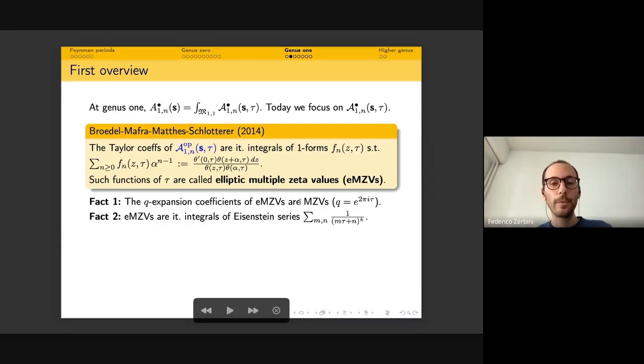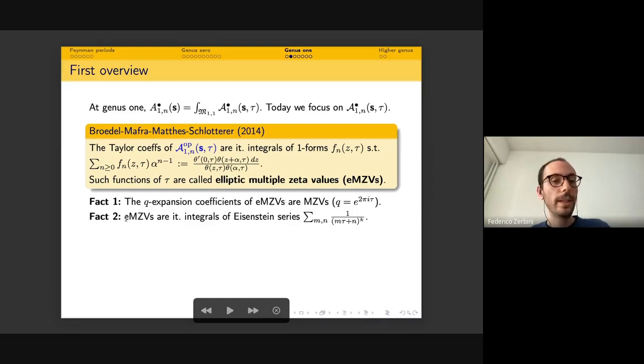And the coefficients of this expansion, quite remarkably, are multiple zeta values. So if you take your favorite modular form, for instance, an Eisenstein series, and you expand this with a usual normalization, then the coefficients will be rational numbers. But here there will be multiple zeta values, which is quite interesting.